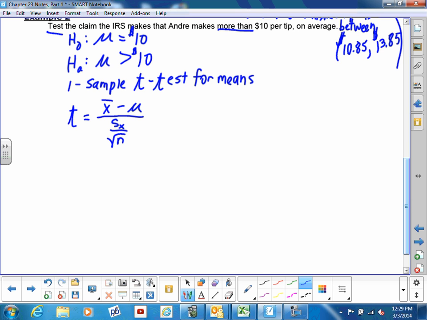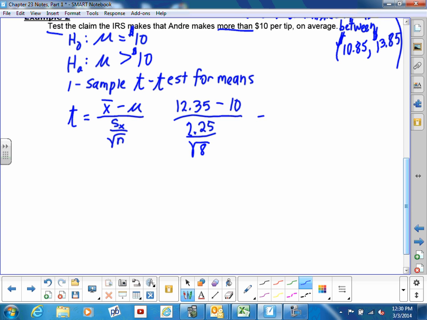Okay? So, when I do that and fill in the blanks, I got 12.35 minus 10 over this thing here, which, man, I don't remember. It's like 0.795 or something like that. Well, this comes from 2.25 over the square root of 8, which is 0.795.